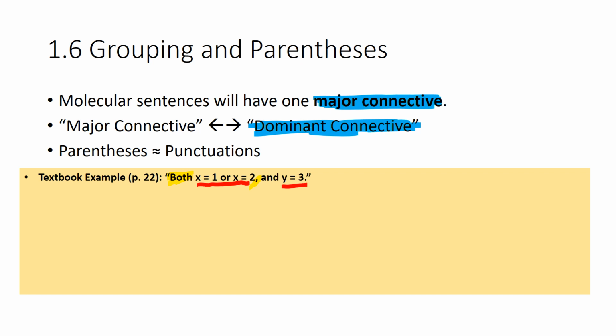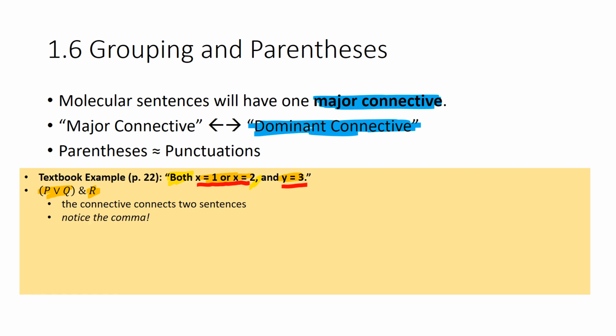That's given away not only by the comma, but also the word both. So we can symbolize it as parentheses P or Q, close parentheses, and R. So the connective connects two sentences. Namely, we have P or Q, which represents x equals 1 or x equals 2, and we have R, which represents y equals 3.